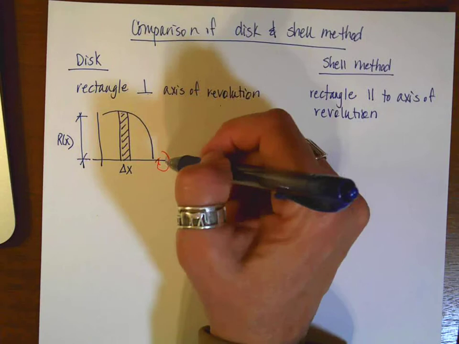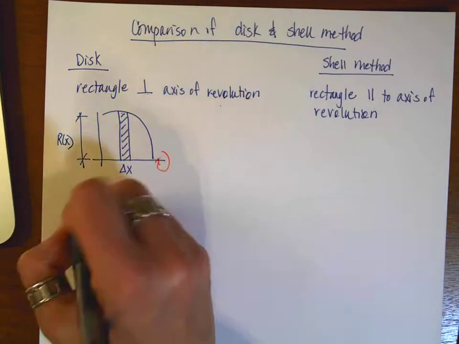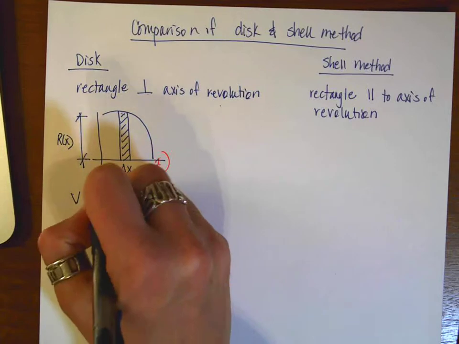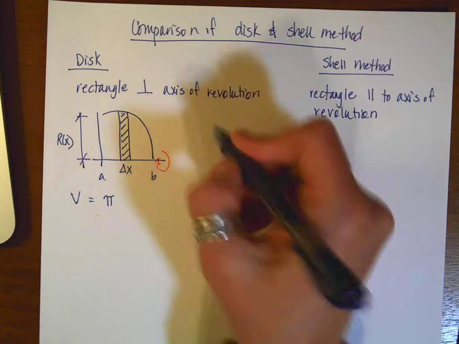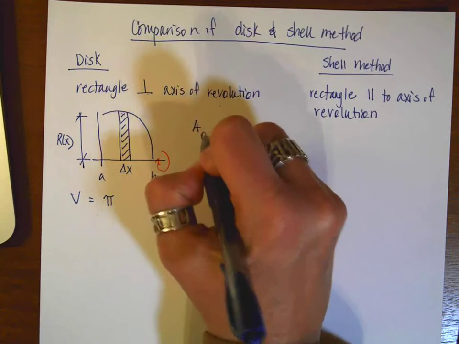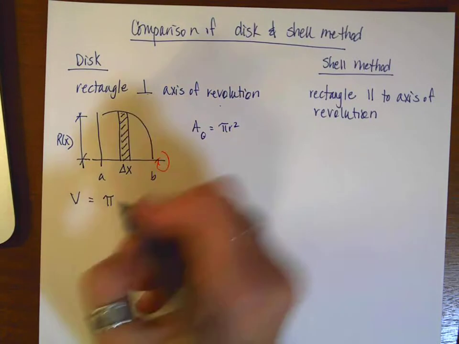Also the radius of the disk, right? So as I revolve this disk about the x-axis, it's going to be the radius of the disk. So the volume, and let's say we go from A to B, is going to equal pi, because remember that the area of a circle is pi r squared.